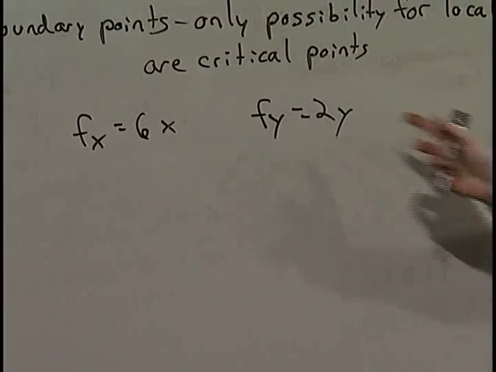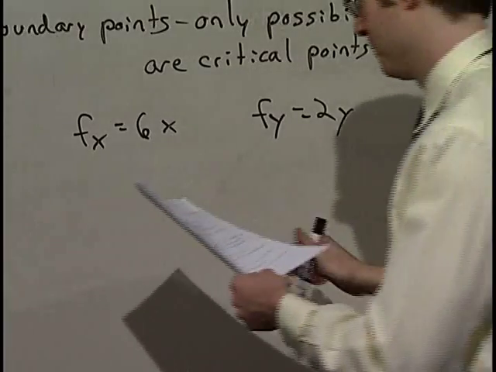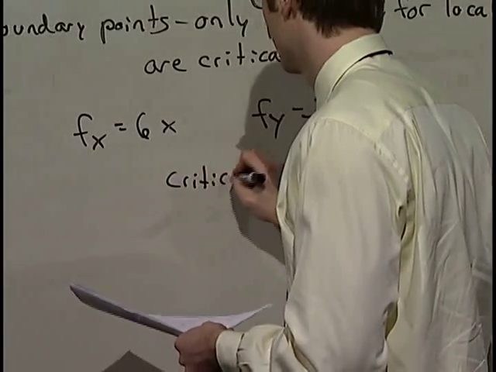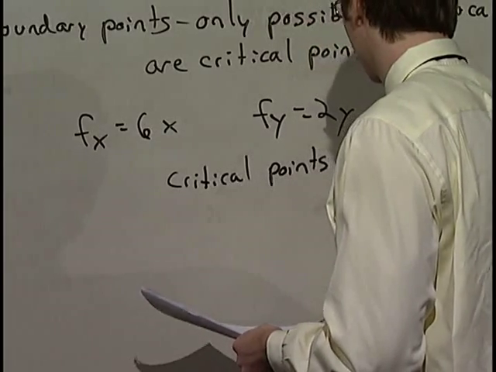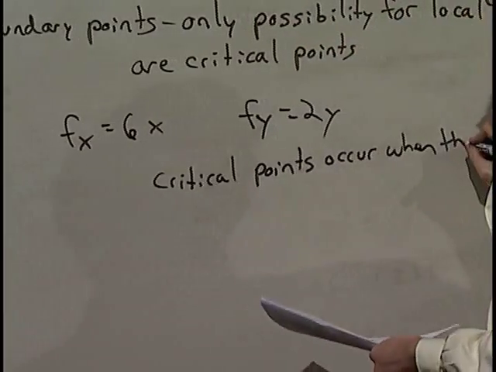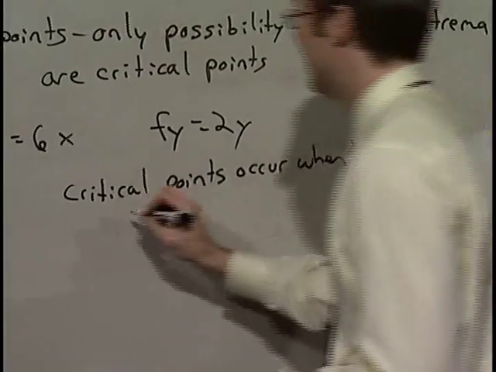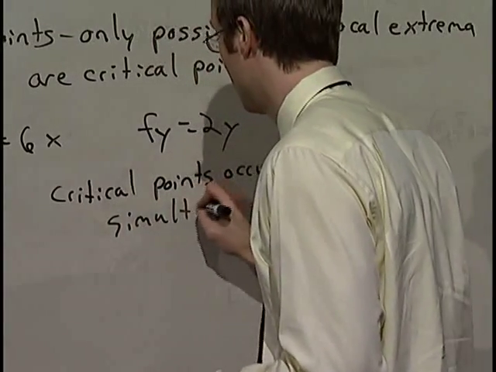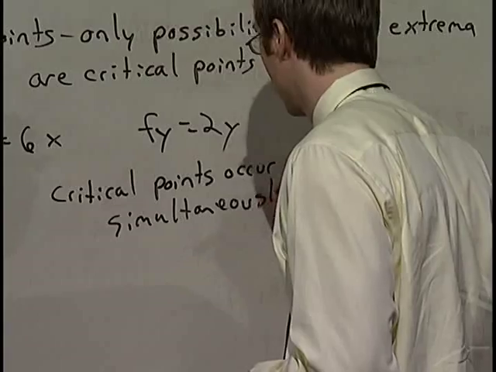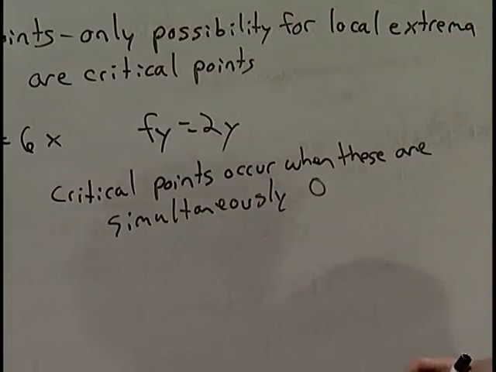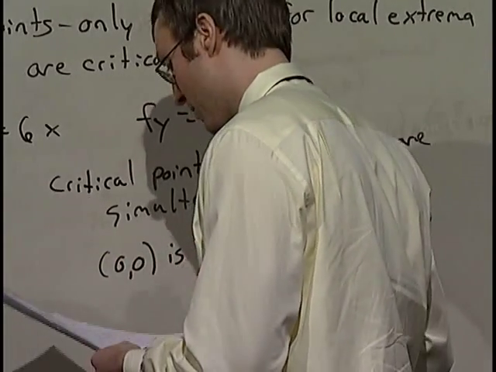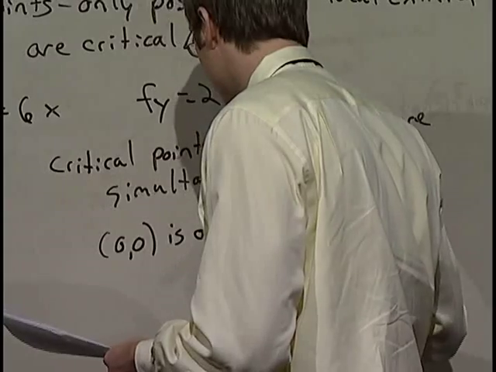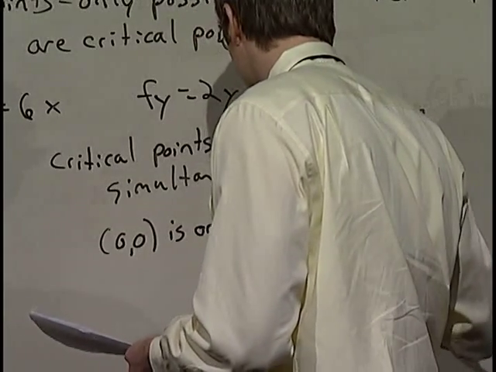And when these two are simultaneously 0, that's a critical point. Well, that clearly occurs only at the origin, right? Only at (0, 0). No other point will make them even 0, period. So that's the only critical point.